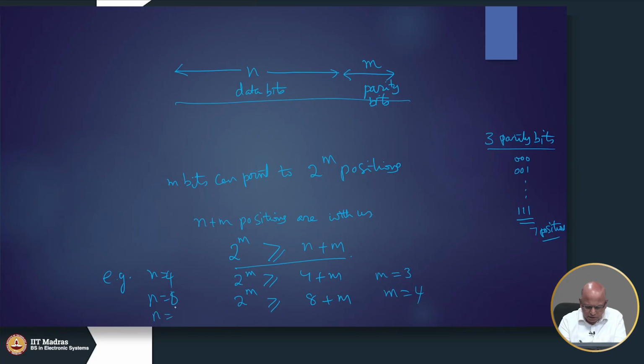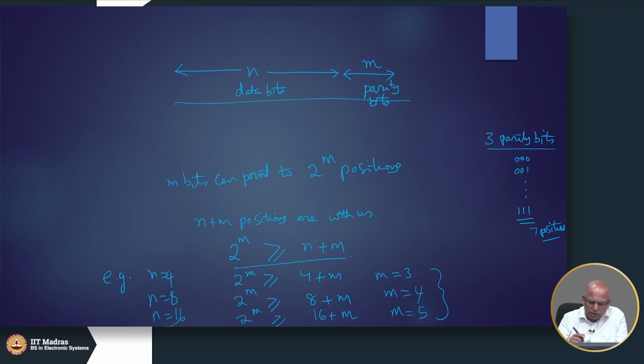When n equal to 16, 2 to the power m is greater than or equal to 16 plus m. So, m equal to 5 will work, because on the left hand side we have 2 to the power 5 or 32, on the right hand side we have 21. Okay. So, you should know this, how many parity bits, and the algorithm is always the same.